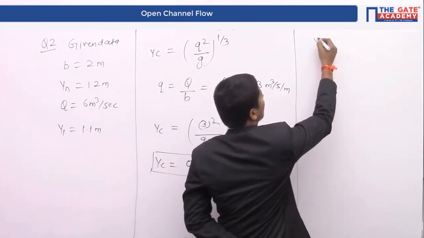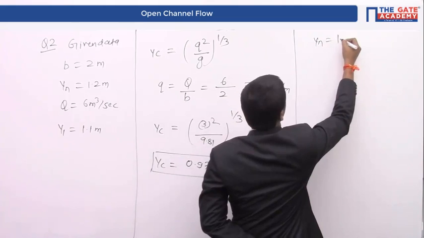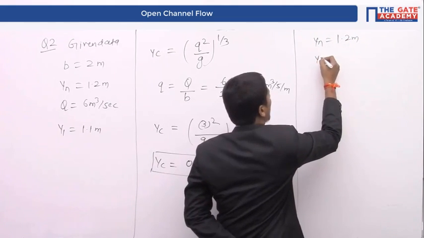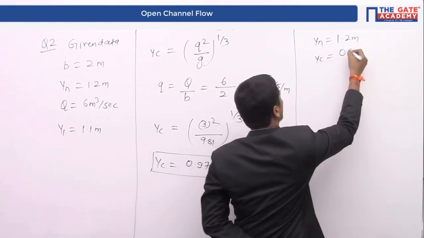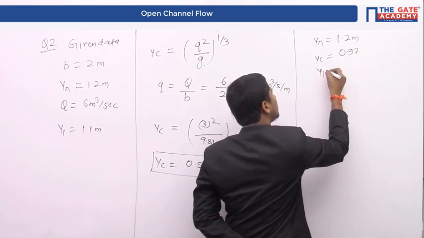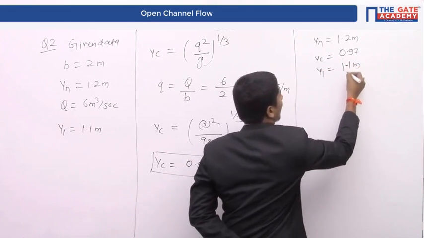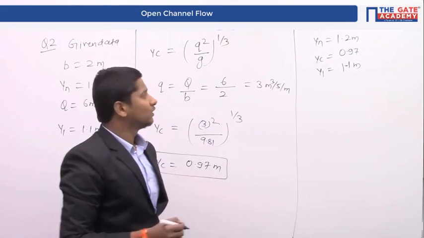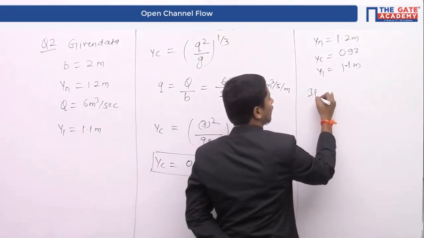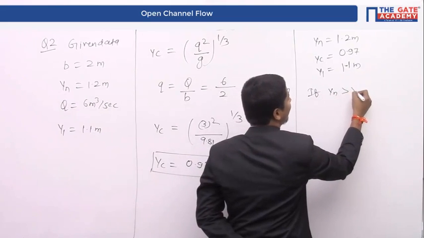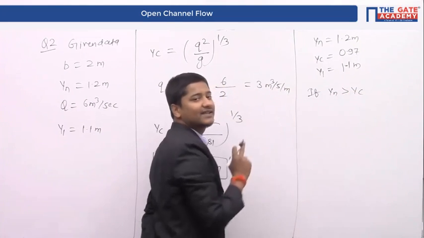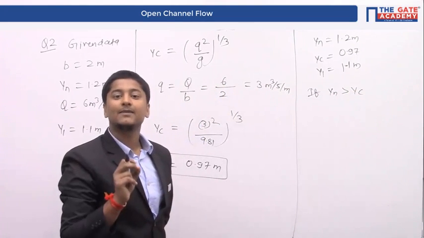We have Yn equal to 1.2 meter, Yc equal to 0.97 and Y1 equal to 1.1 meter. So as you know, if Yn is greater than Yc, it means it's a mild slope.